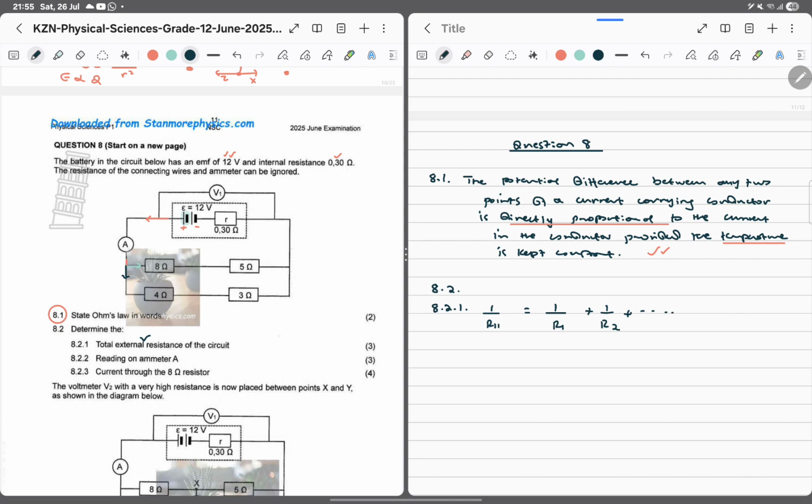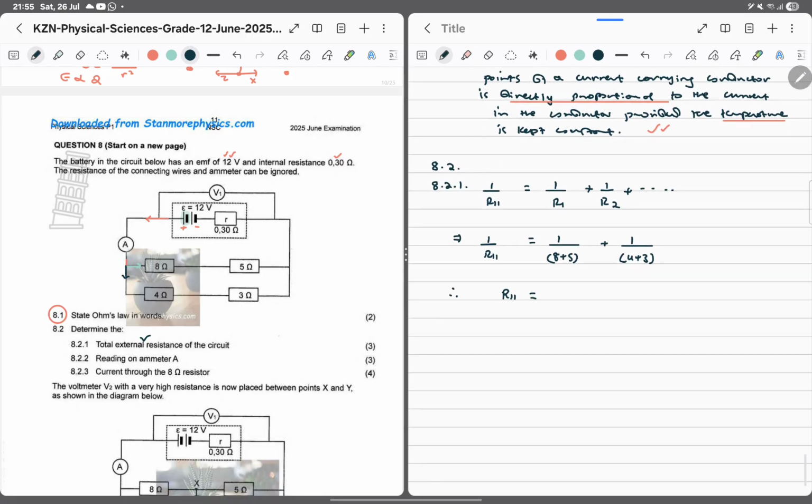This often goes on as long as it wants. So this is 1 over R parallel. It's going to be 1 over the sum of the top, so that's going to be 8 plus 5. You can just show this to convince someone that you know what you're doing. And then here you can just go for the jugular after that.